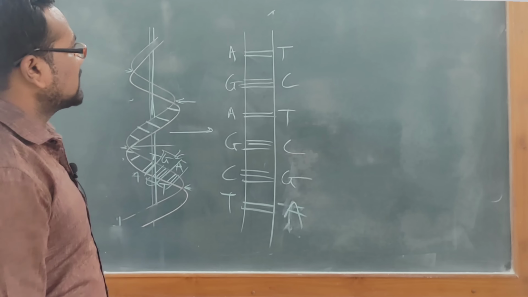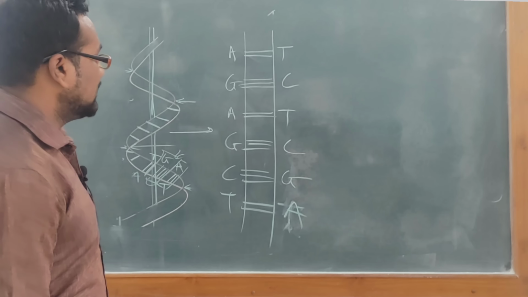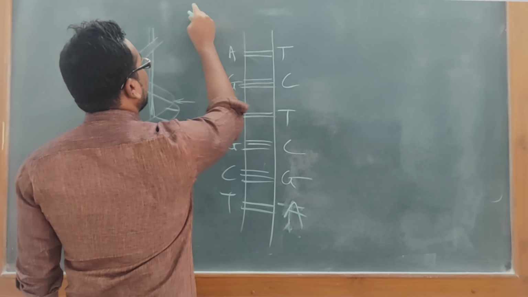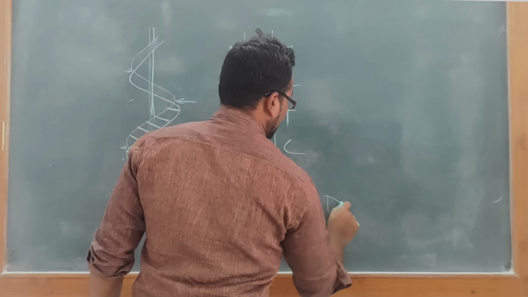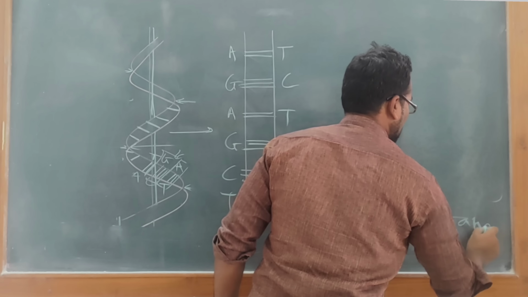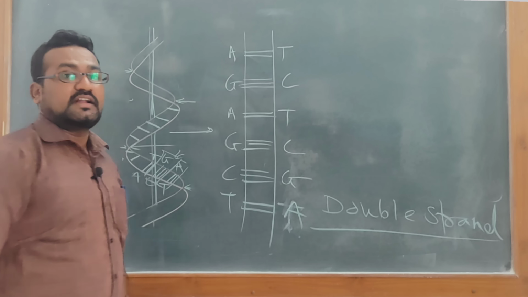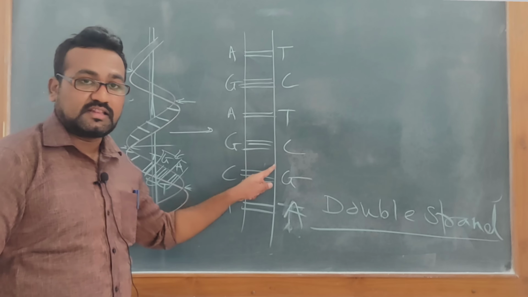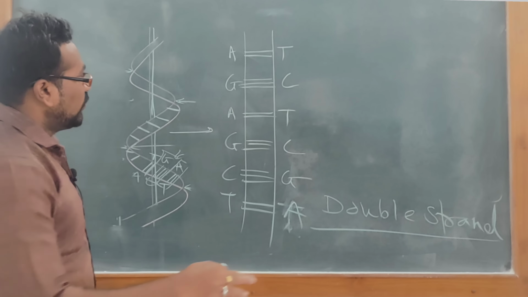Why I have drawn this structure? It is very important to understand here. We have said that this DNA is double stranded. This DNA contains double strand. One strand, another strand. That's why double strand. Okay, double strand.